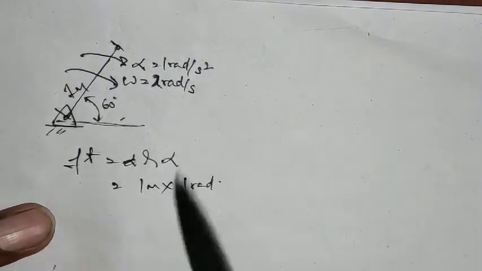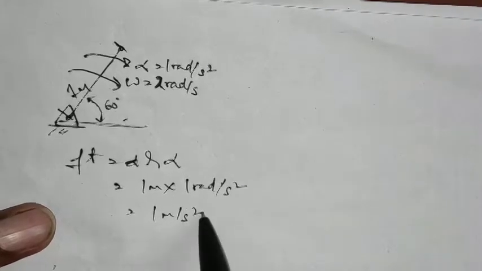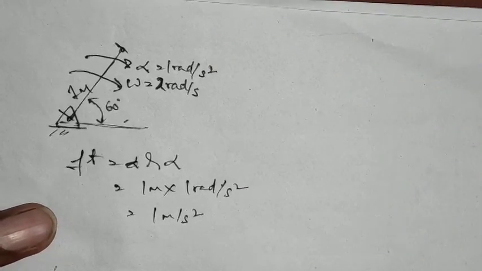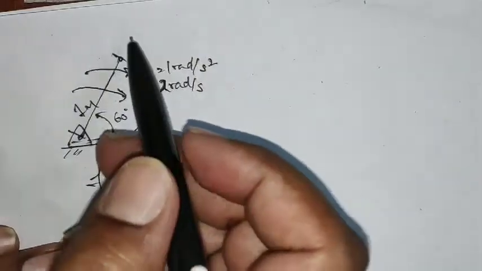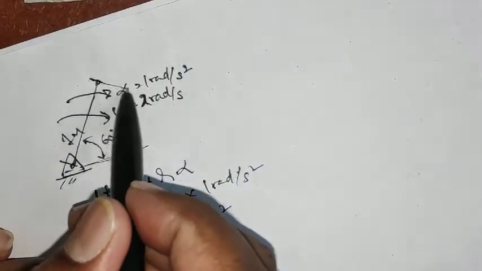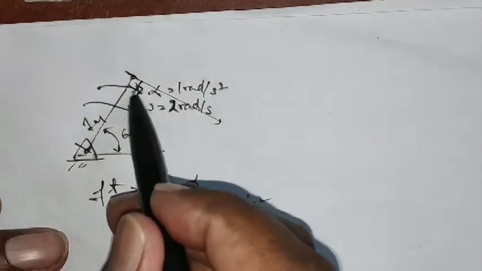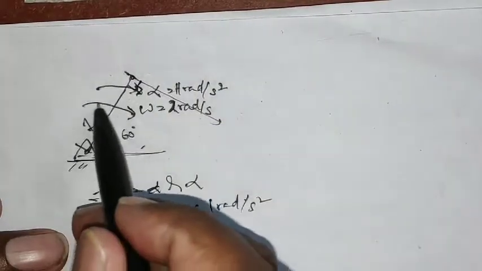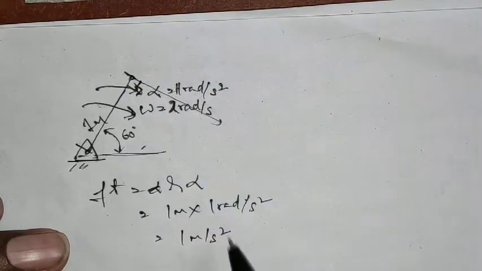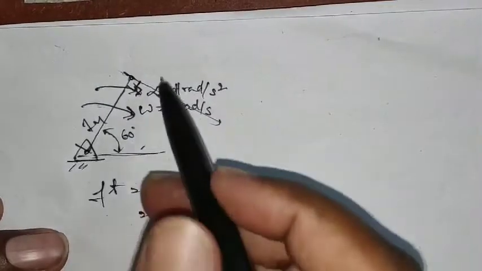It has to be second square, I had forgotten it. So you get 1 meter per second square. The tangential acceleration is always perpendicular to the link. This acceleration is positive, so I am drawing it in the direction of the angular velocity, and if it was minus, then I should draw it in the opposite direction. So it is like this.